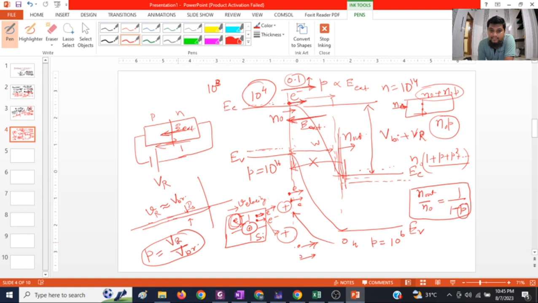At reverse voltage equal to breakdown, the probability almost becomes 1, and this becomes very high. So n out will be quite large, and because of this impact ionization, there will be an increase in current.